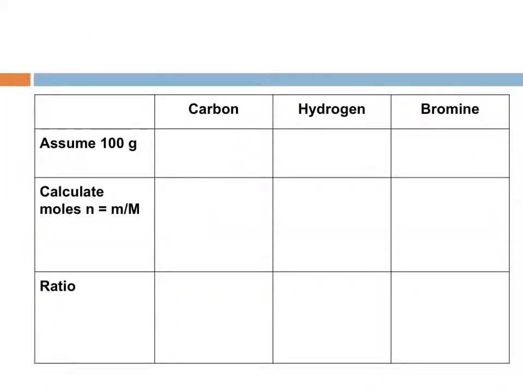And then that will give us our empirical formula. It's always nice to set up a table for these types of problems because it helps you to organize your calculations. So starting with step 1, we're assuming we have 100 grams. So that means you would have 12.7 grams of carbon, 2.1 grams of hydrogen, and 85.2 grams of bromine.